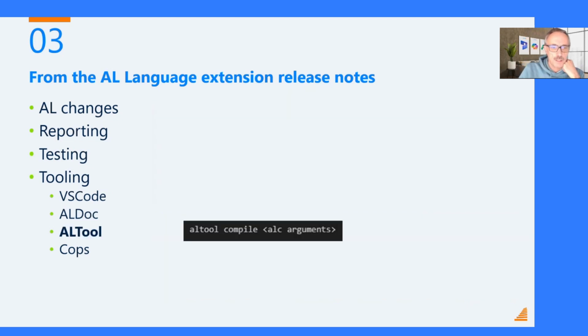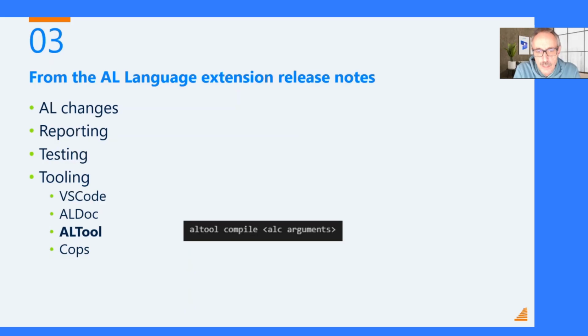Then there is the AL tool. The AL tool is a toolbox created by Microsoft that is now also able to compile code, which is of course the same thing the AL extension in Visual Studio Code does.